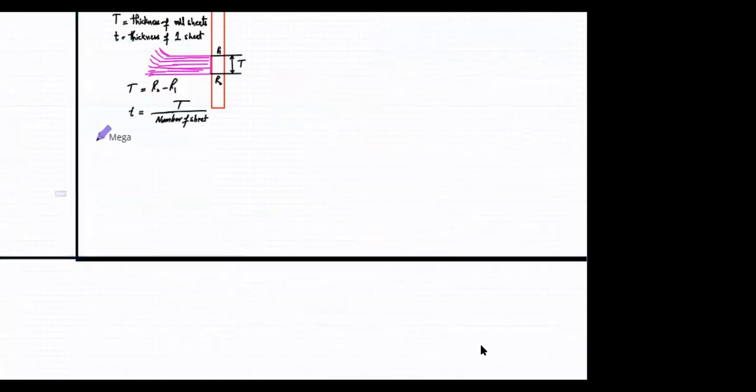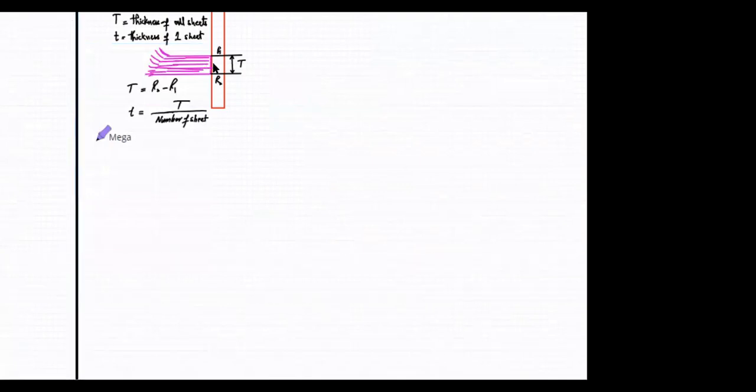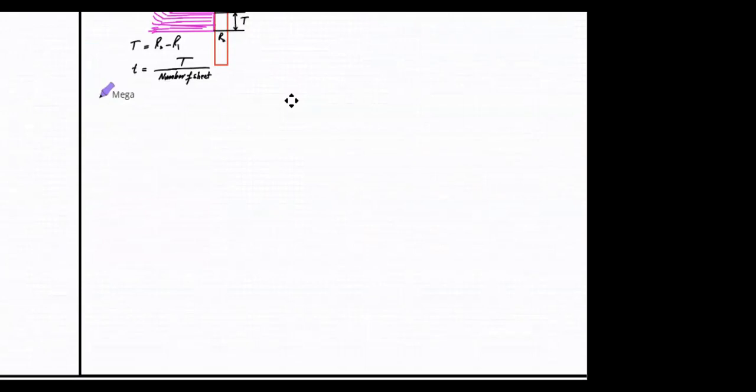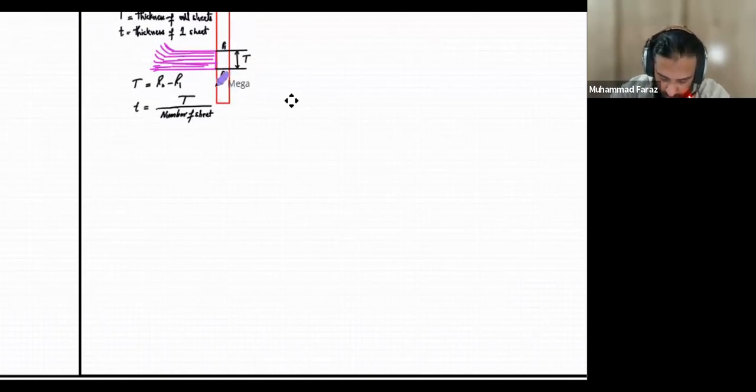Just one second. This is using an ordinary scale to measure thickness of one sheet of paper.